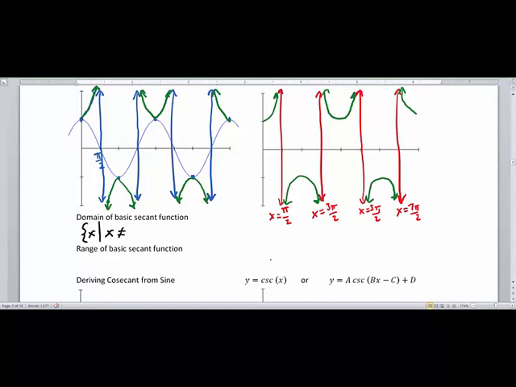Does that sound somewhat like a pattern to you? Those sound like odd numbers, but more than just odd numbers, they're odd integers. So I'm going to write that x is not equal to k pi over 2, where k, this number in front of pi, is an odd integer.